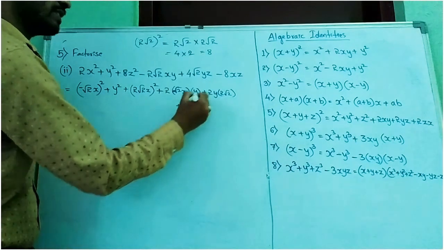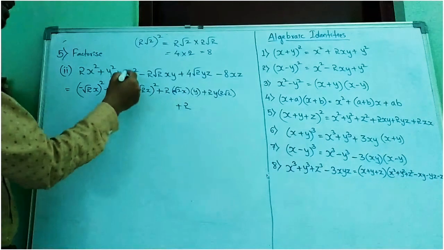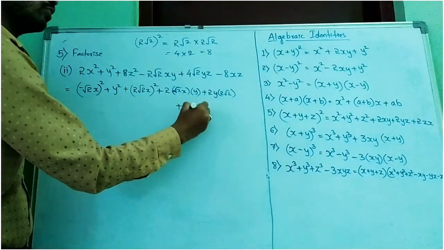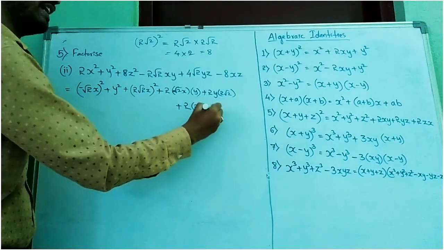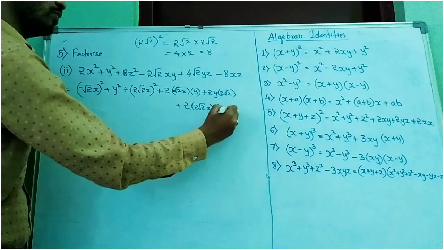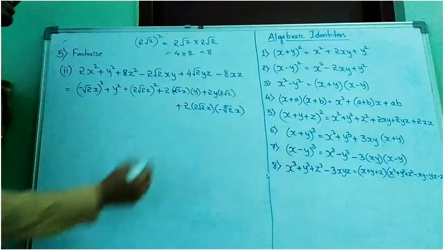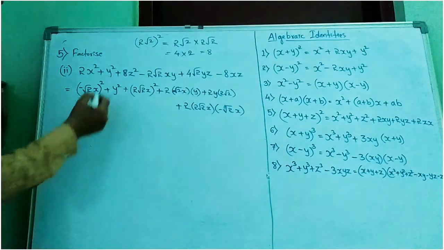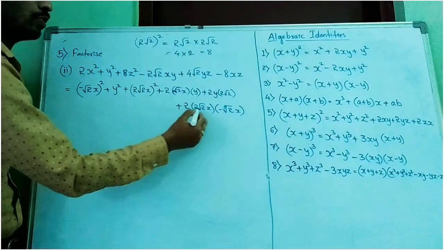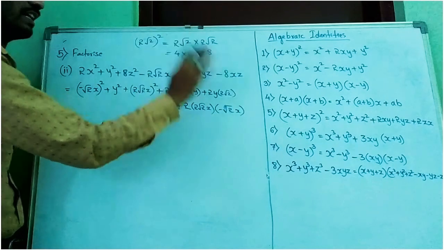Okay, again plus, what is there? 2zx. Z means what? 2 root 2 z. What is x? X is minus root 2 x. Plus into minus, minus. Again we will get the same thing. See here, 2 2s are 4 and root 2 into root 2, that is 2. 4 2s are 8. Again we will get that.